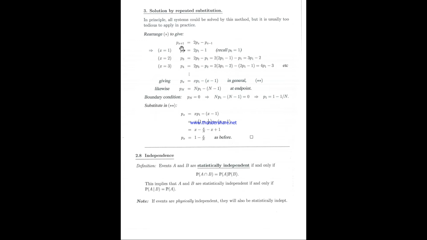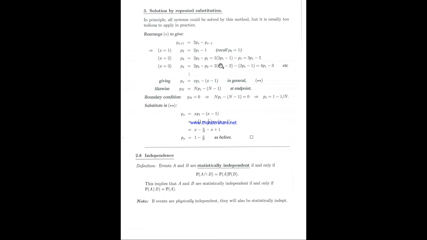Since I have the two boundary conditions at x equal to 0 and x equal to capital N, I'm going to start substituting values into these equations from x equal to 1. So when x equal to 1, P2 is equal to 2 times P1 minus 1. And when x equal to 2, P3 is equal to 2 times P2 minus P1.